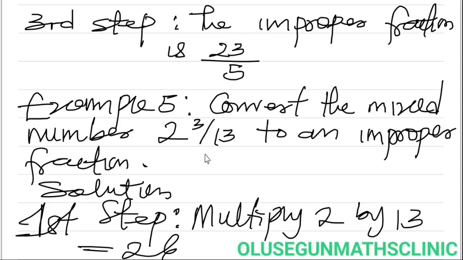Let's also have another example relating to this. Example 5. Convert the mixed number 2 whole number 3 over 13 to an improper fraction. Solution. The first step, multiply 2 by 13. It gives us 26. Don't forget the step.